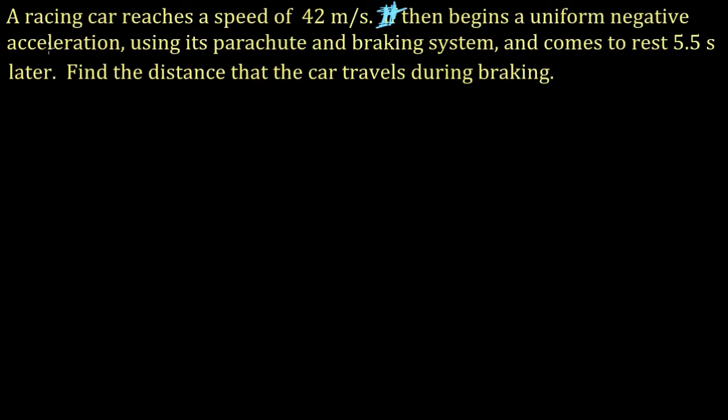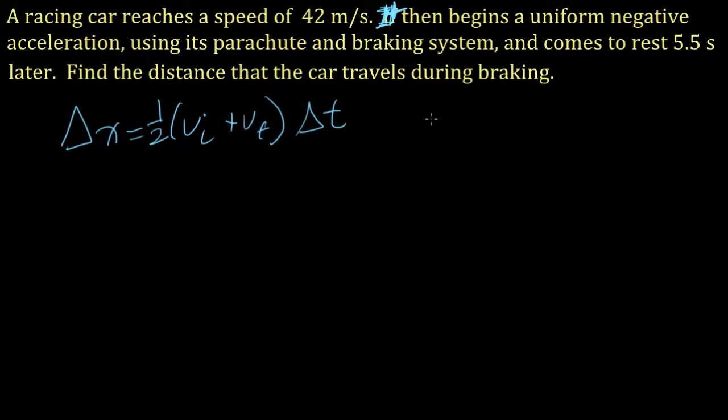Now, I already told you that we're going to be using the formula we just talked about, which was delta x equals 1/2 (vi + vf) times delta t. So we need to figure out what we know already. What are our knowns? We'll put the knowns in green, and we'll try to stick to that, just so you'll know what you're looking at.